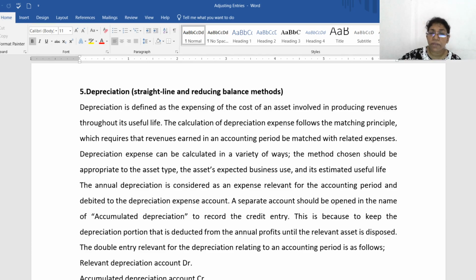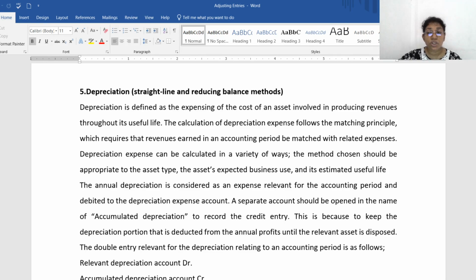So if the company is based on the cost principle, they can credit the relevant asset account. But normally what companies are going to do is they are going to provide this provision for depreciation fund. Based on that, we are going to charge this accumulated depreciation and we are going to credit it to the provision of depreciation account.